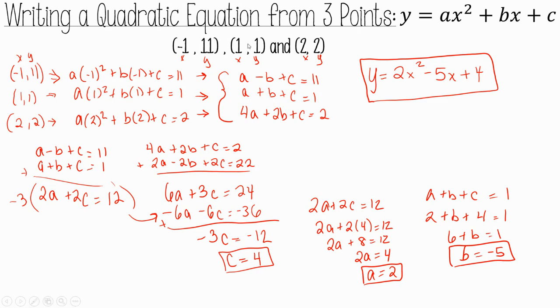So let's say we want to check, we'll plug in 1, 1. So if I plug in 1, I get 2 minus 5 is negative 3, plus 4 is 1. So plug in 2. So I get 2 squared is 4, times 2 is 8, minus 10 is negative 2, plus 4 is 2. So again, plugging in your points will allow you to get your equation.